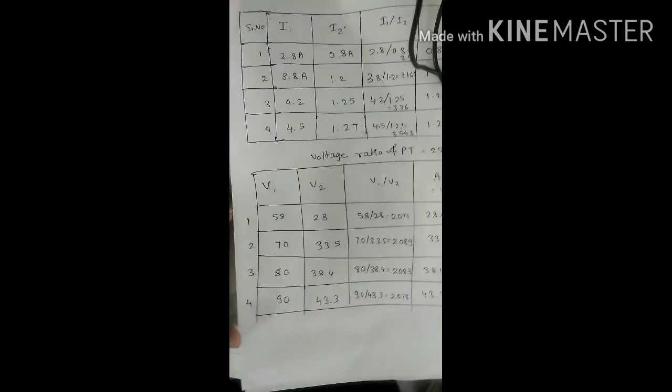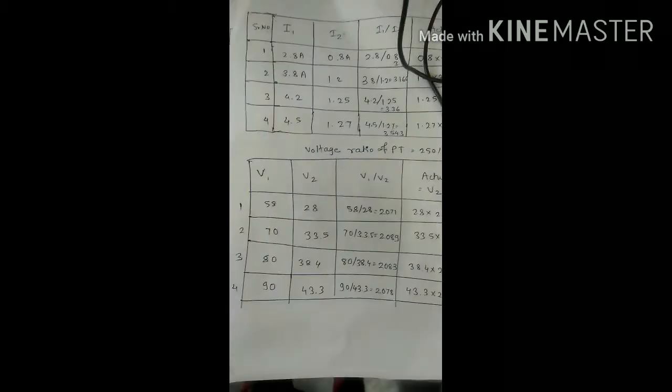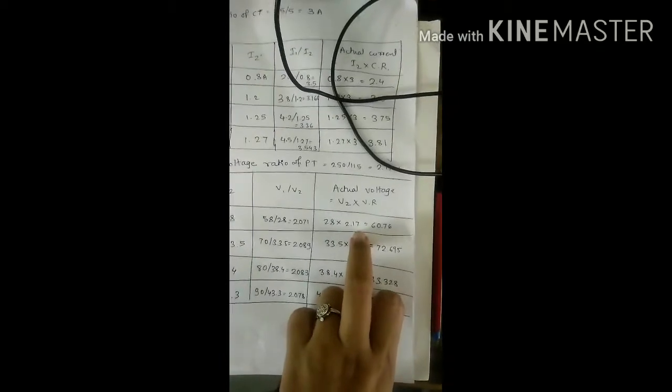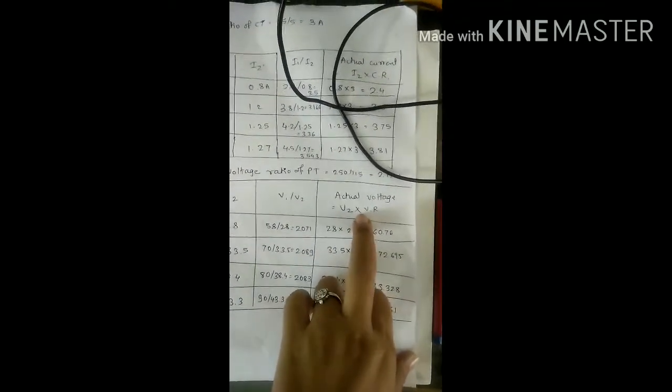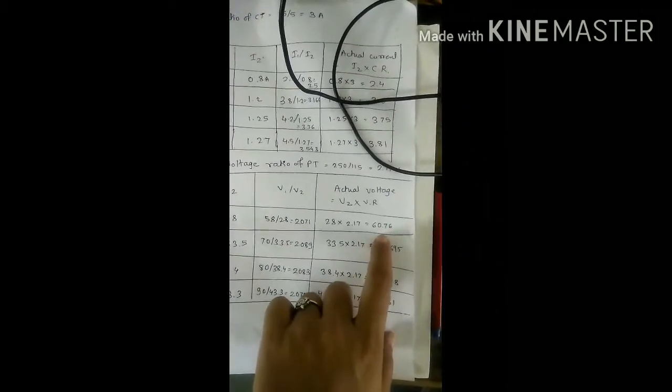But in the lab we connect this voltmeter to measure the primary voltage. And by using this formula, V2 into VR, you can also calculate the primary voltage. You can see this value and this value are approximately equal.